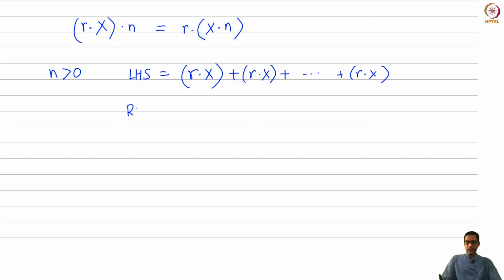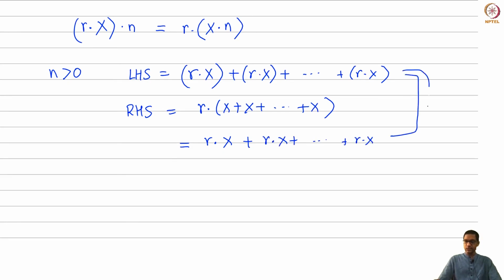Now what's the right hand side? By definition, it's r acting on x plus x, n times. Because of the left module axioms, when r acts on a sum of elements, there is distributivity. In other words, it just splits into so many terms, and therefore that's the same answer as this. So in fact this is an R-Z bimodule.